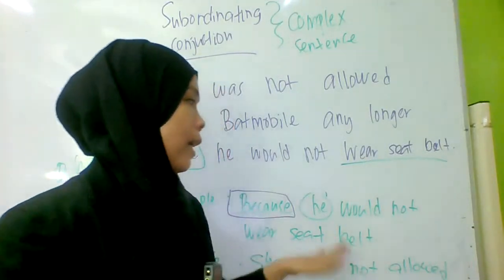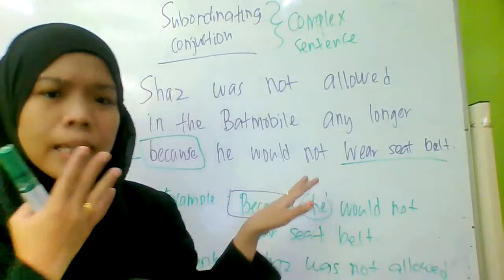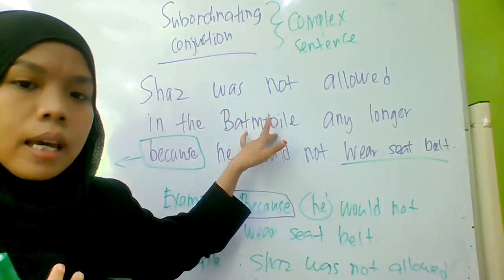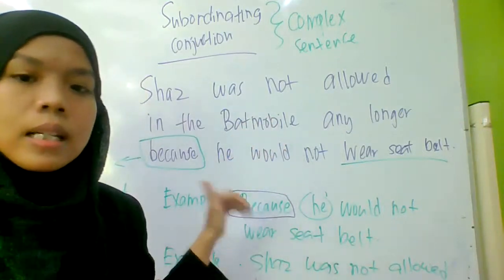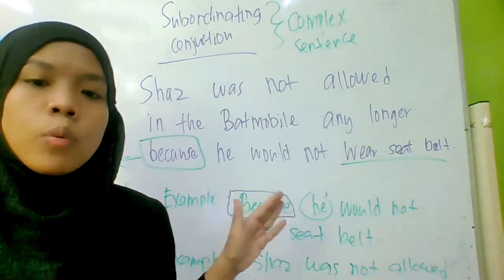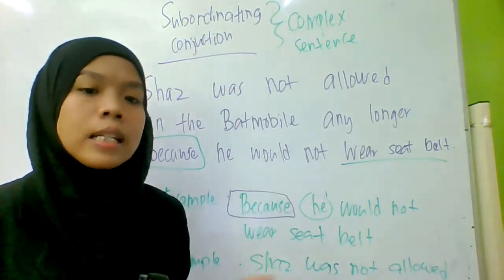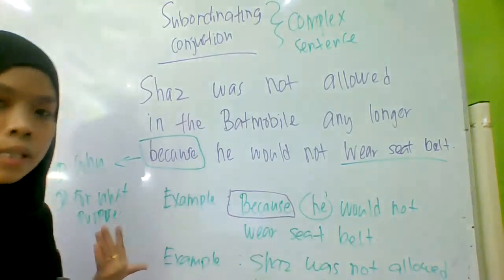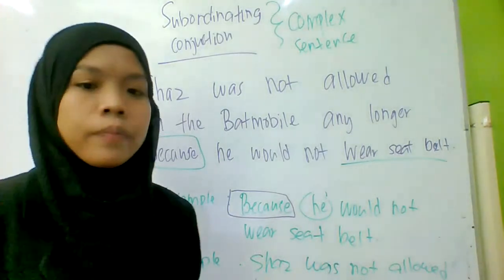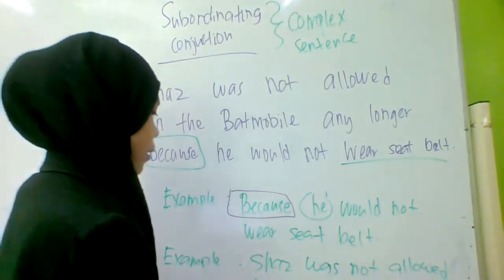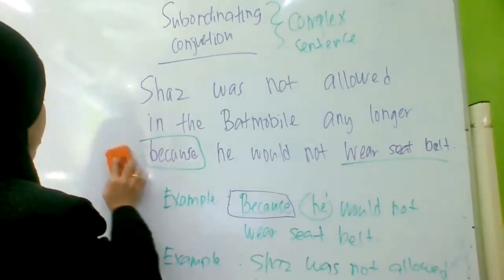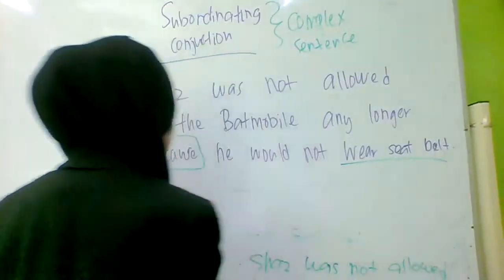This is an independent clause. And then the next one is a clause that shows a causal relationship, such as because he will not wear a seatbelt. So answering the question why or for what purpose is often referred to as a clause of purpose. I hope you understand. If you don't understand, you can ask a question in the chat. Inshallah we will explain.